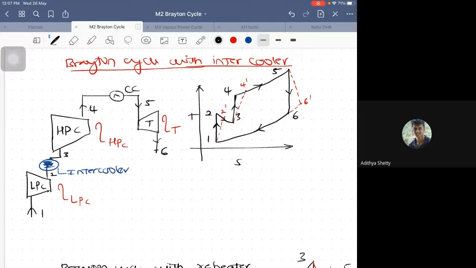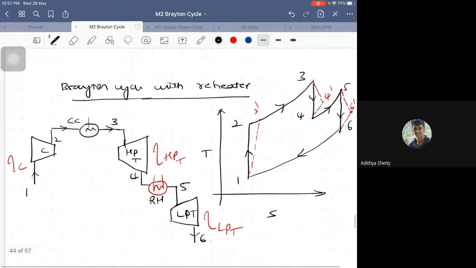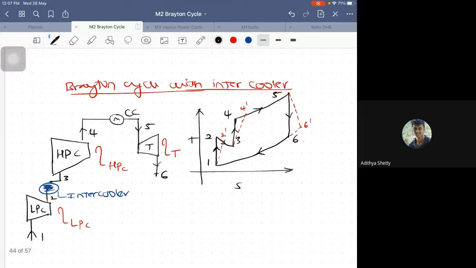Intercooler will come in between the compressors. Now, where would the reheater come? Reheater would come between the turbines. So if the question specifies an intercooler, then automatically you should conclude that it has 2 different compressors with an intercooler in between.